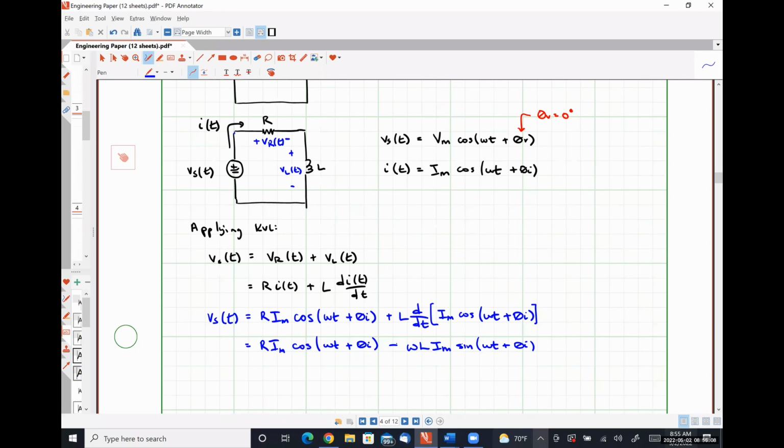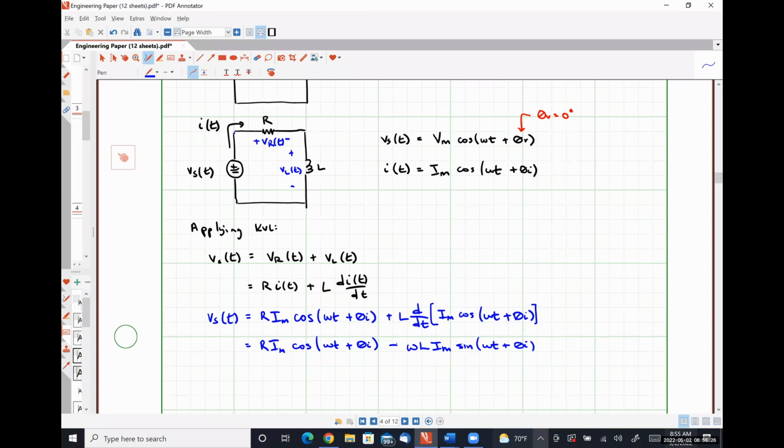And my goal here is to express Im as a single sinusoid, okay? So I'm going to have to do some manipulation here.